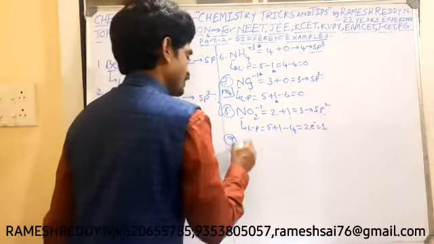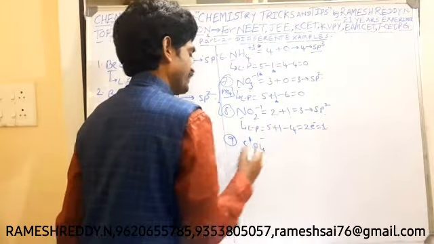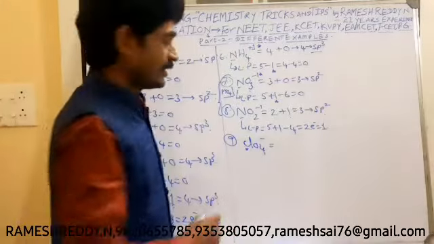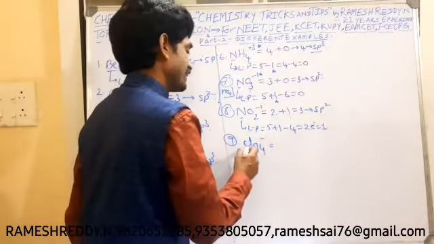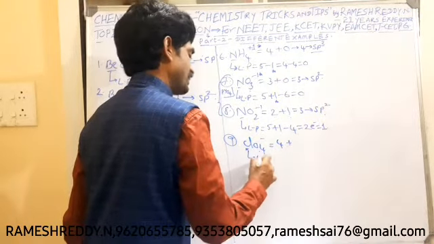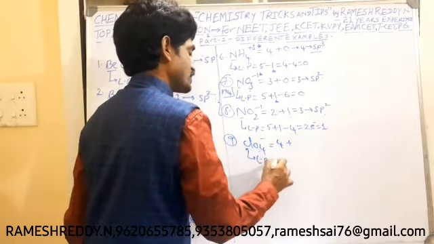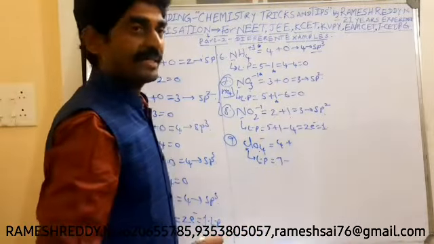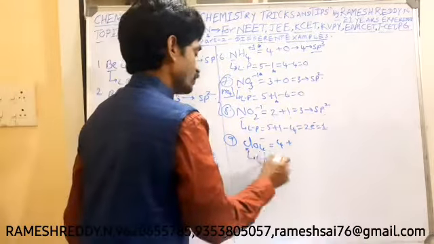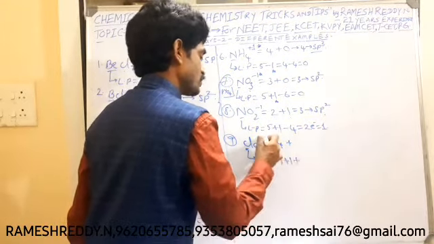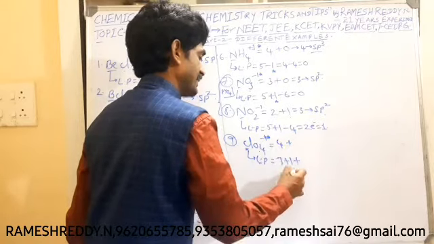Next one. Another molecule, there is ClO4 minus, an anion, given down. So here, what type of hybridization does chlorine undergo? Chlorine is the central atom, bonded atoms, how many? 4 are there, plus the lone pairs of electrons on chlorine. Chlorine is a group 17 element, so there are 7 valence electrons. And it gains 1 electron, that is +1. Since it is an anion, you have to add that electron.